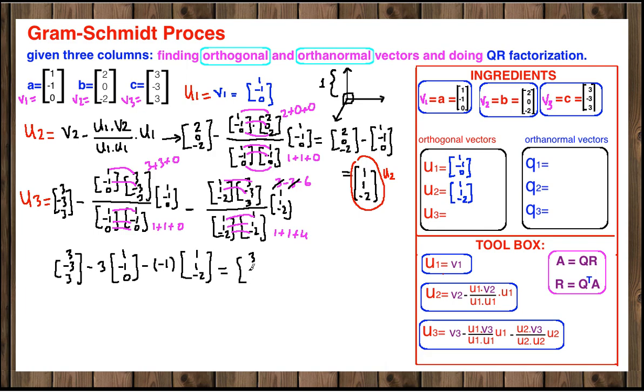We have first vector 3, negative 3, 3, minus, let's multiply by the scale factor, this vector. So what we're going to get is 3 times 1 is 3, 3 times negative 1 is negative 3, 3 times 0 is 0. Minus, we're going to multiply this vector by this scale factor. So negative 1 times 1 is negative 1, negative 1 times 1 is negative 1, and negative 1 times negative 2 is 2.